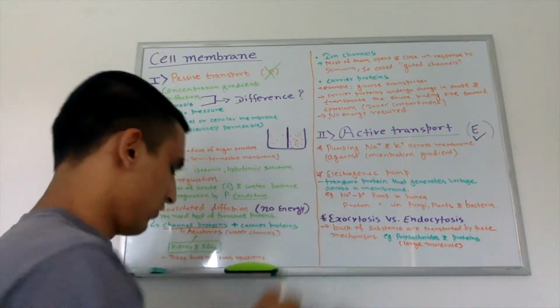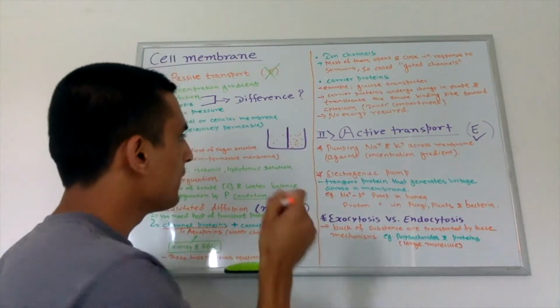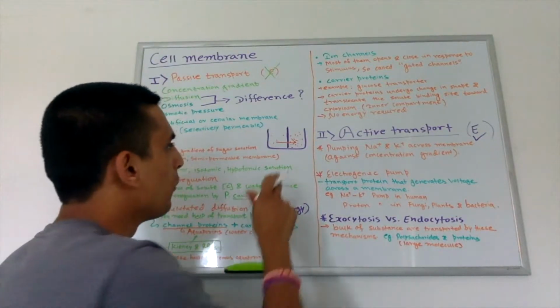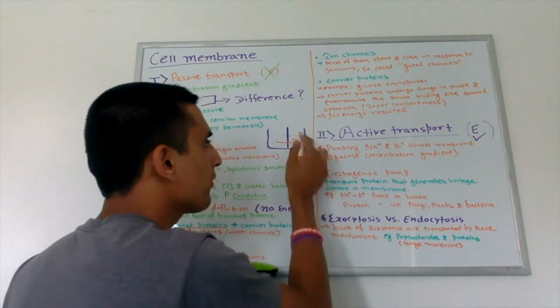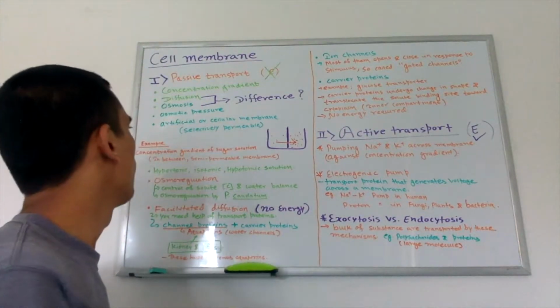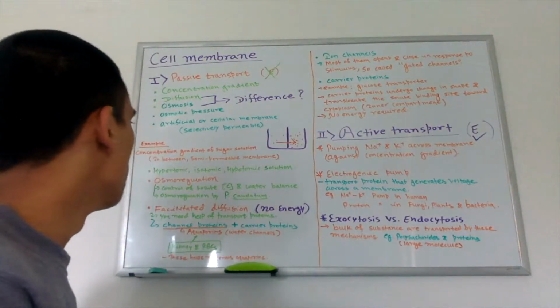So this is hypotonic and this is hypertonic. The water is going to move toward the hypertonic solution side. This is a very good example of osmosis through a semi-permeable membrane.